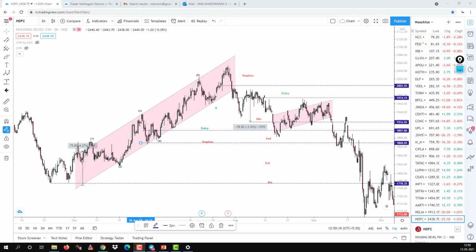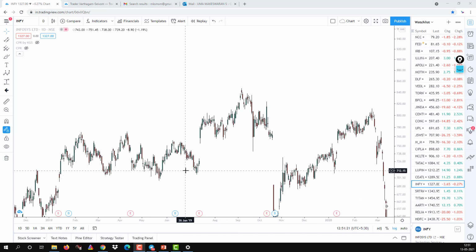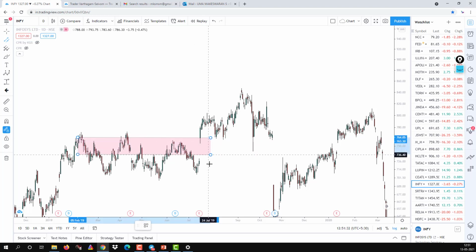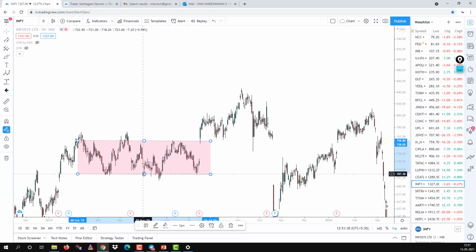Now finally we will see the horizontal channel pattern. This is Infosys chart. In here we are going to see one horizontal pattern. This chart pattern which I have drawn in a larger time frame, so that you can take the trade here from to there.